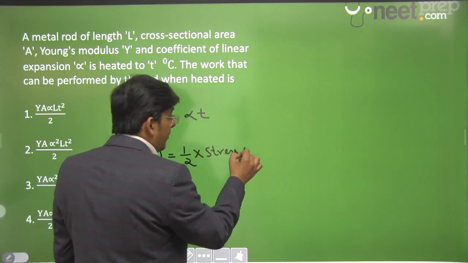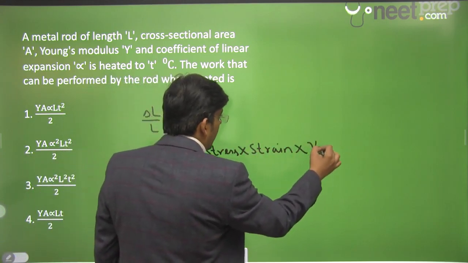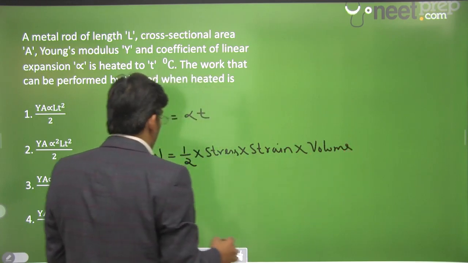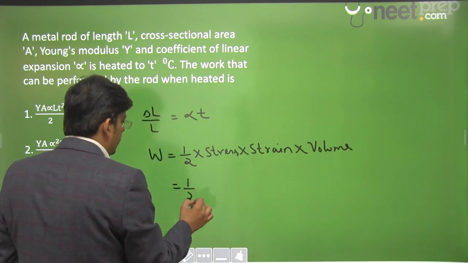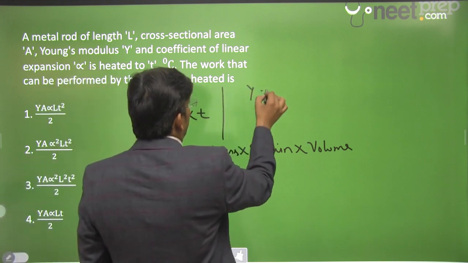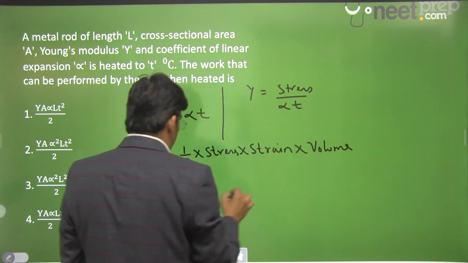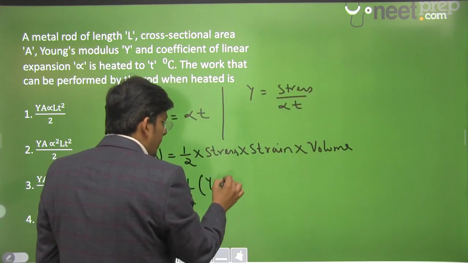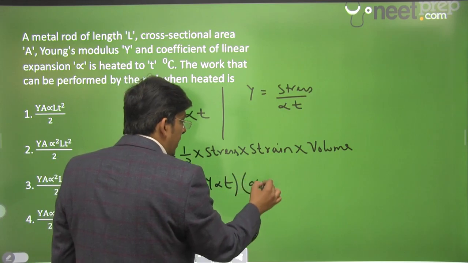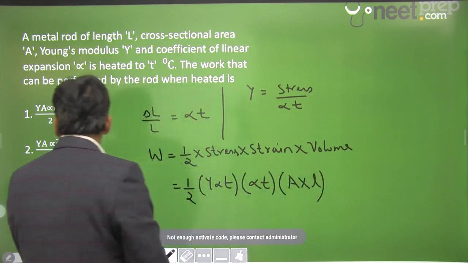This is actually per unit volume. So when we multiply it by volume, we'll get the value of work done, dear students. So this is half into, what is stress? You know that Young's modulus is stress by strain. Strain is alpha T. So stress is actually Y alpha T. Volume is area into length, dear students.